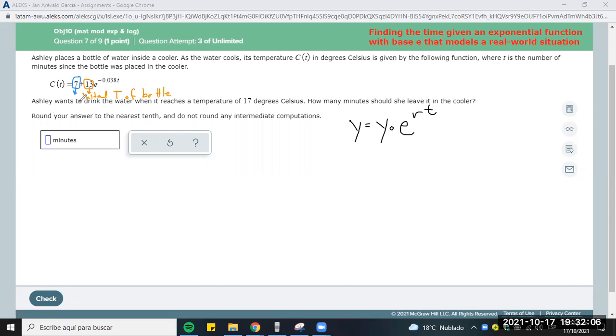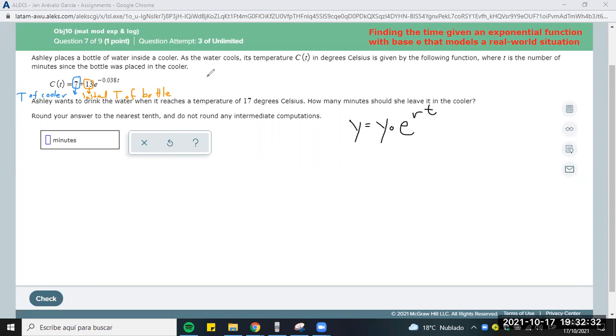And the number 7 is the temperature of the cooler. That is not necessary for you to solve this problem, but I'm giving you this information for you to understand it better.